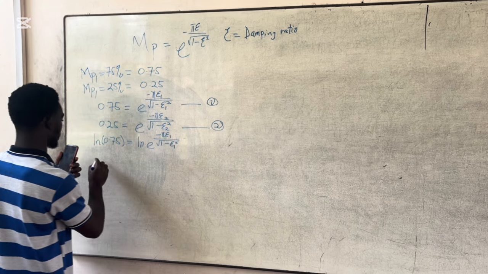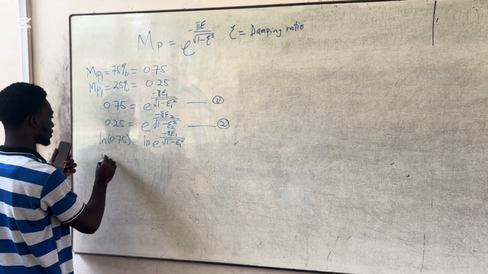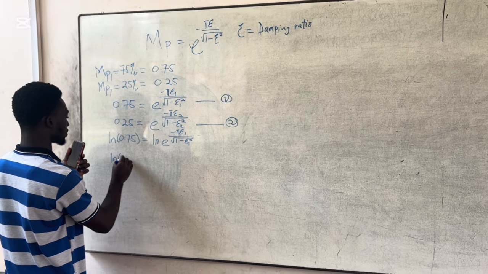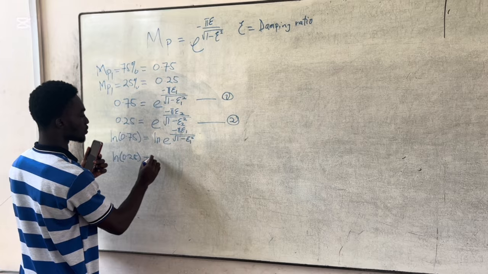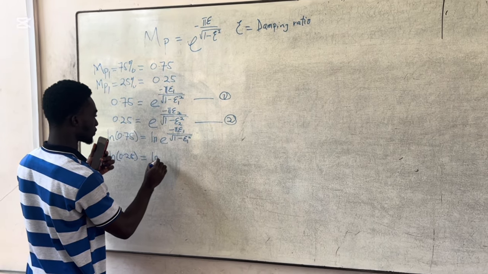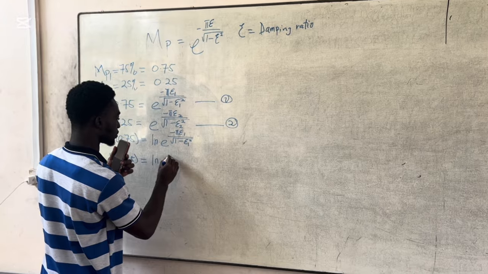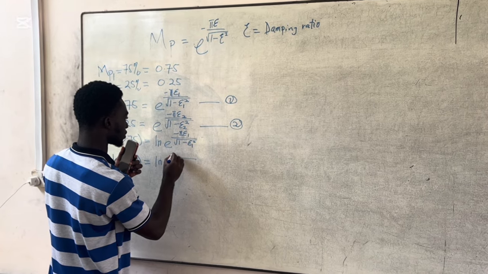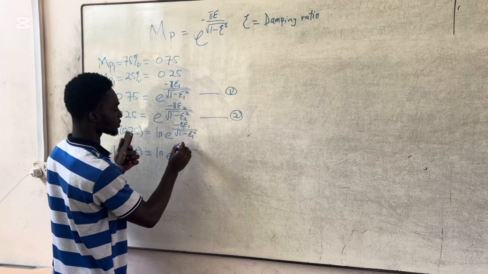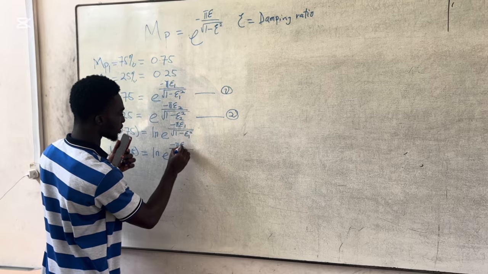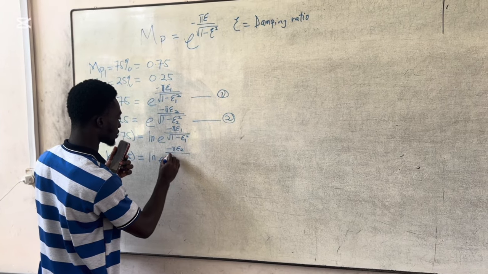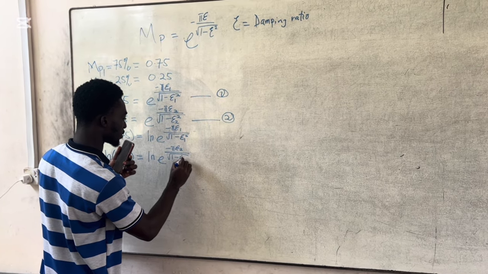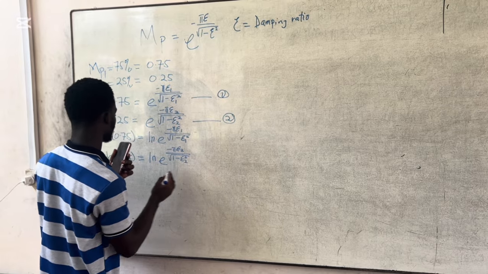So this is equation 1, and for the second equation, natural log of 0.25, which is equal to the natural log of e to the power, a fraction with numerator pi, multiplying the damping ratio for the second case, the square root of 1 minus the damping ratio for the second case.